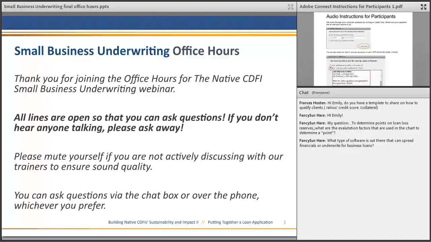The only place I'd caution you on only looking at personal income and not looking at the business is if the business is going to have significant costs to the entrepreneur outside of the loan payments, you need to make sure that they're going to be able to afford those as well.